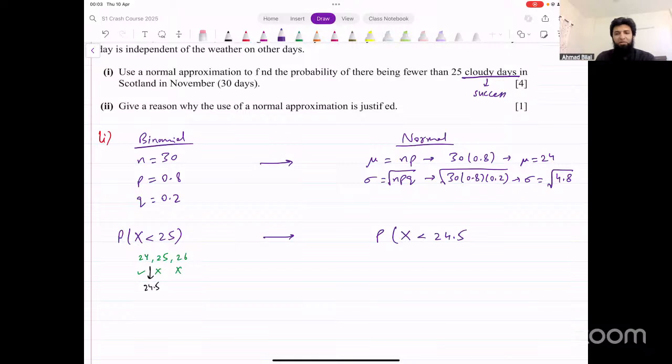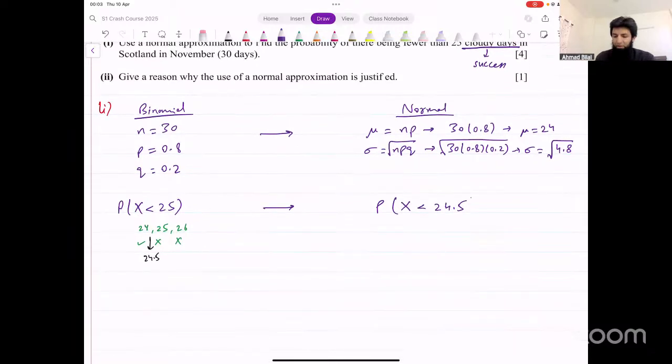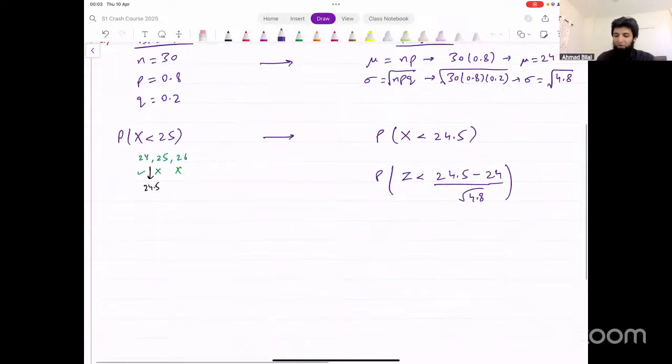And now we just find this probability, which is converted to z. First of all, z less than 24.5 minus 24 divided by the square root of 4.8. And that will give you some z value. What does this turn out to be? Z less than 0.5 divided by the square root of 4.8. What's this? 0.228.